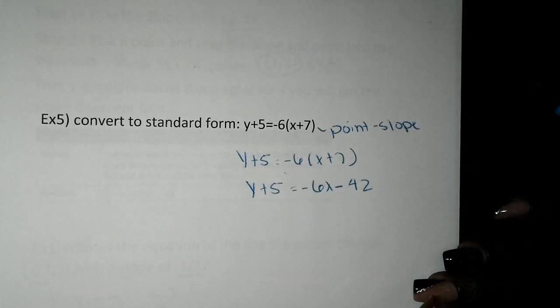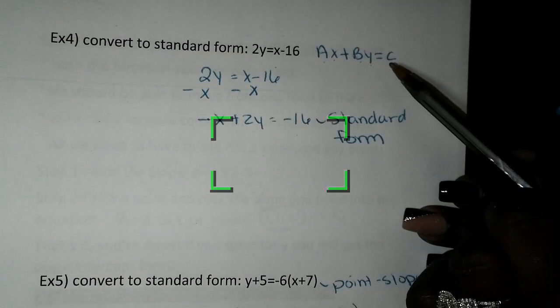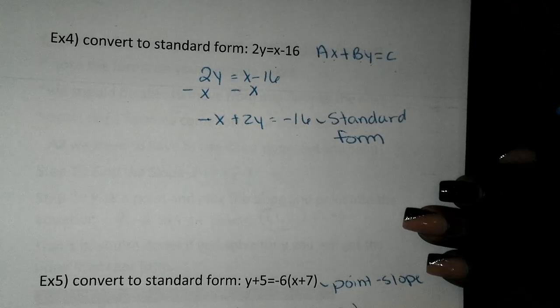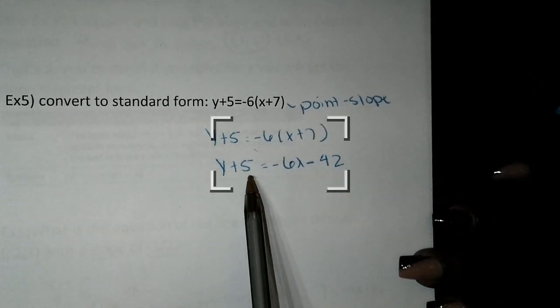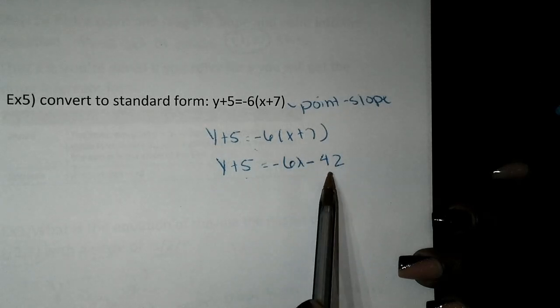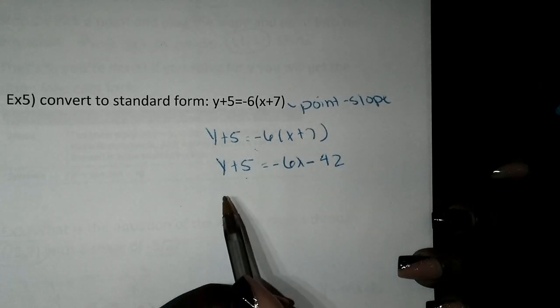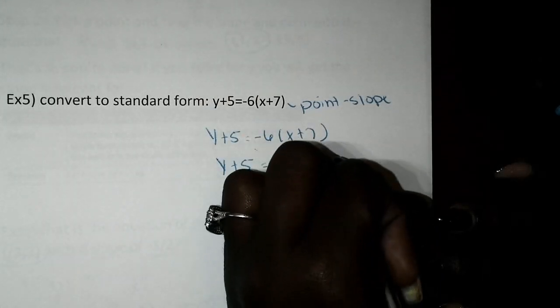So now I got that. And remember, in standard form, do I have two constants or one constant? Because remember, your c is your constant, your number without a variable. I have one. So in this case, I got two constants. So in order to have one constant, I need to first move one of my constants. I'm going to choose to move this one because this is what we normally do.